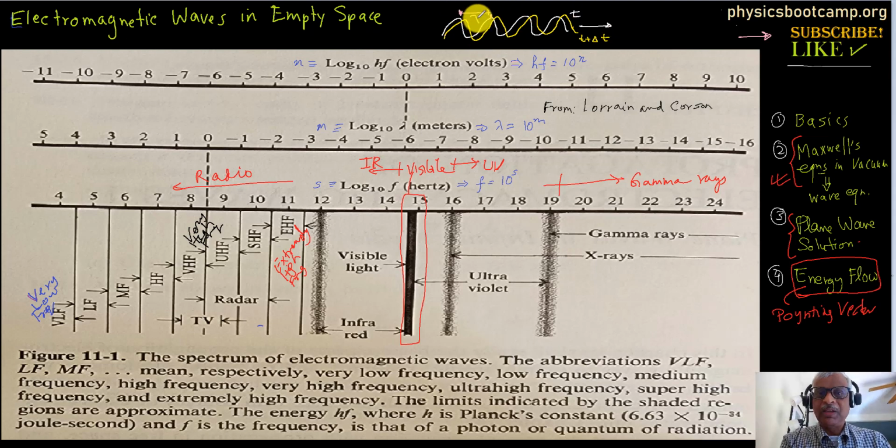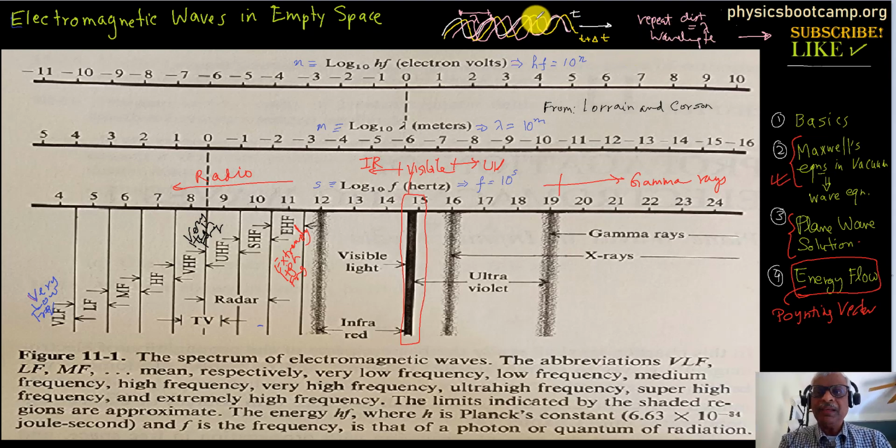This repeat distance is called the wavelength, and the time it takes to eventually come down and reach the white one that I wrote down.